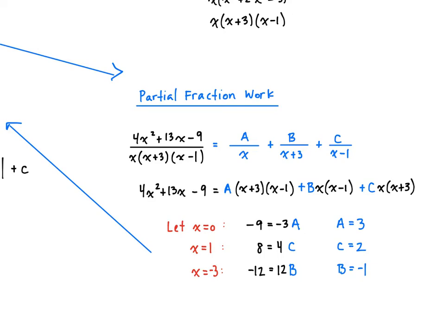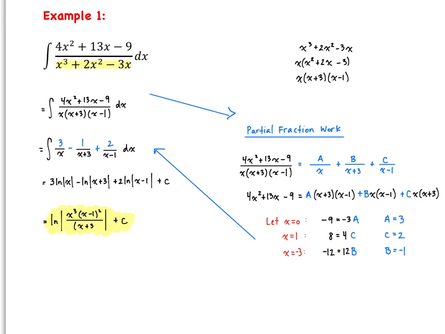Now we can go back and rewrite our integral in terms of these partial fractions, plugging in for A, B, and C. So we get the integral of 3 over x, minus 1 over x plus 3, plus 2 over x minus 1, dx. And now we can integrate this nicely.